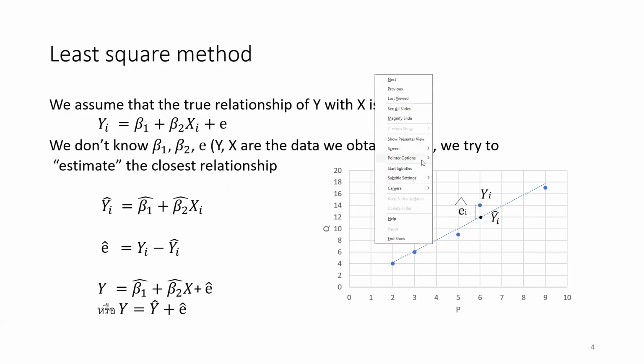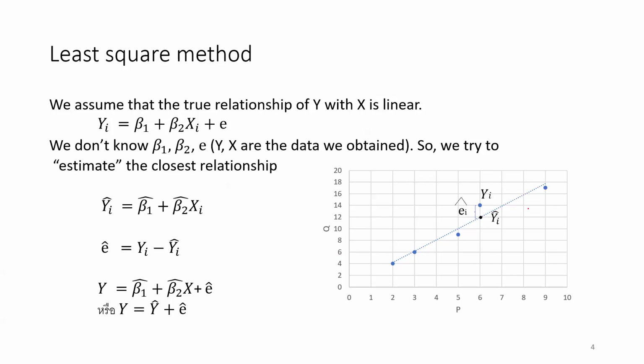But actually, when you make a line, the data on the line is the forecast data, right? The blue dot is the actual or the real data.